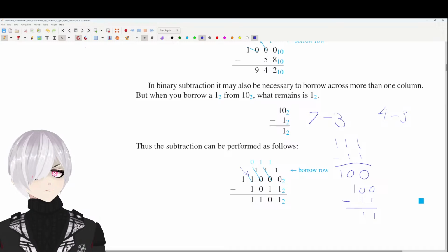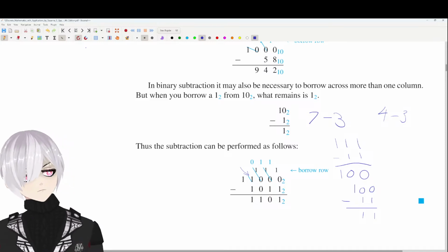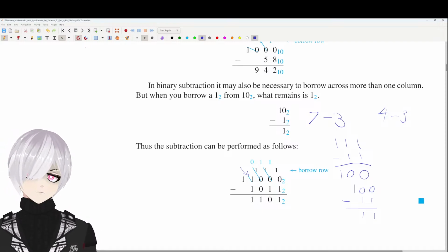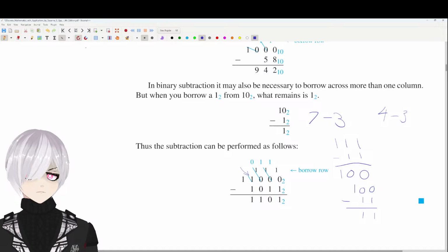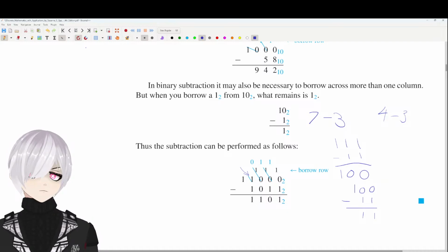But the thing is that we turn the zeros into 10s by borrowing from the column to the left. On the rightmost column we've got a 0, so we're going to turn that into a 10, and we'll do it by borrowing from the previous column. But the previous column also has a 0, so that column also needs to borrow. The middle column borrows from the column with just a 1, so that 1 turns into a 0, and then the 0 in the middle turns into a 10.